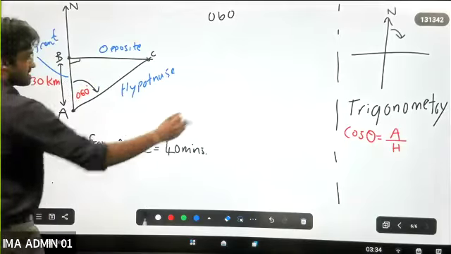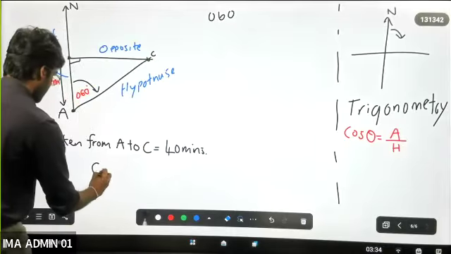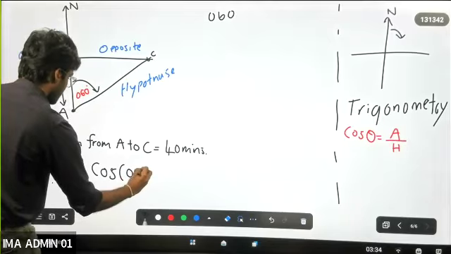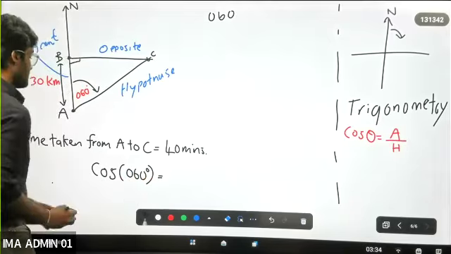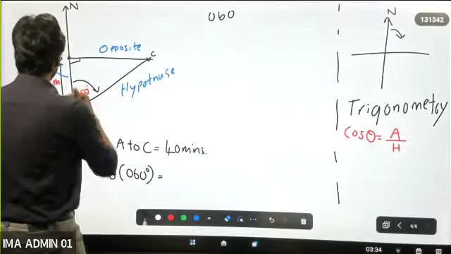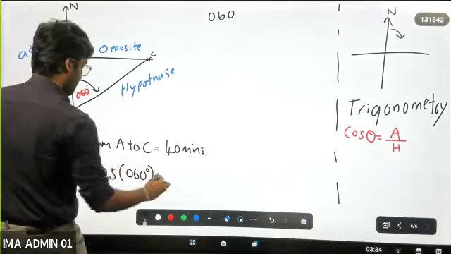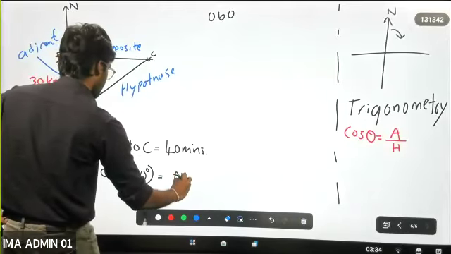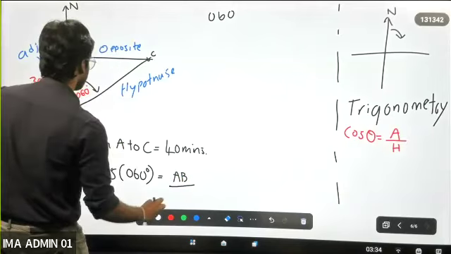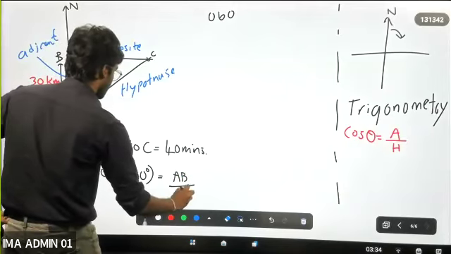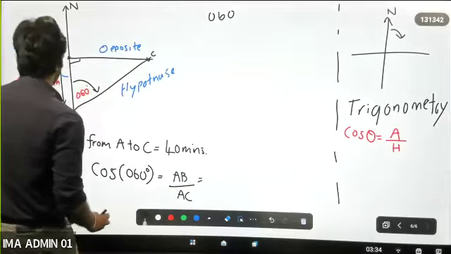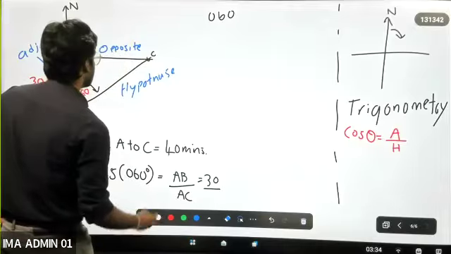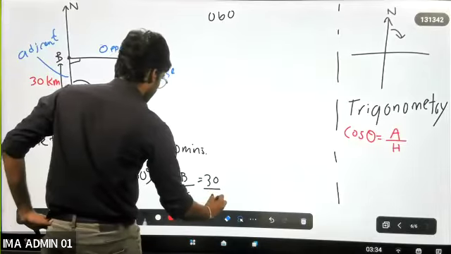So we know that cos 60 is equal to, here, adjacent is AB divided by hypotenuse, which is AC. AB is 30 and AC, the length we have to find out.